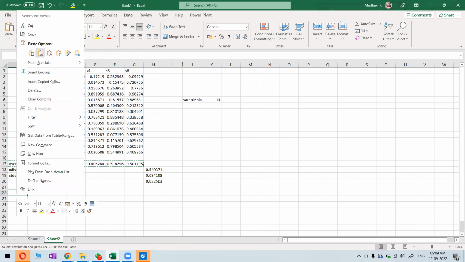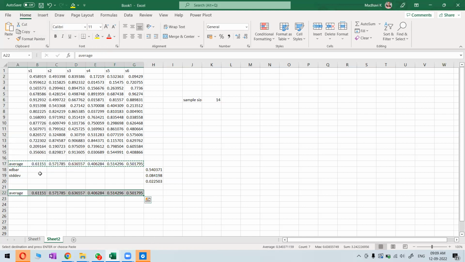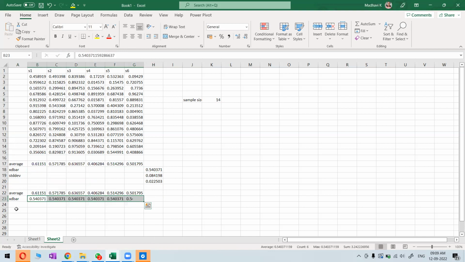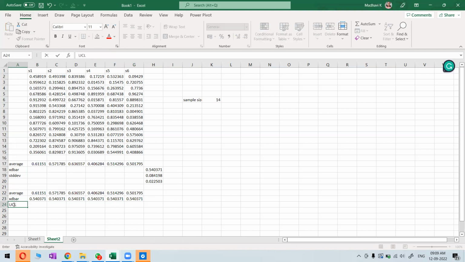Just taking the values only, without the formula, and X double bar also. I'm just taking only the values of it, and then UCL. Upper control limit is nothing but X double bar plus 3 sigma. So we are talking about 6 sigma over here. This one plus 3 into the standard deviation that we got over here.